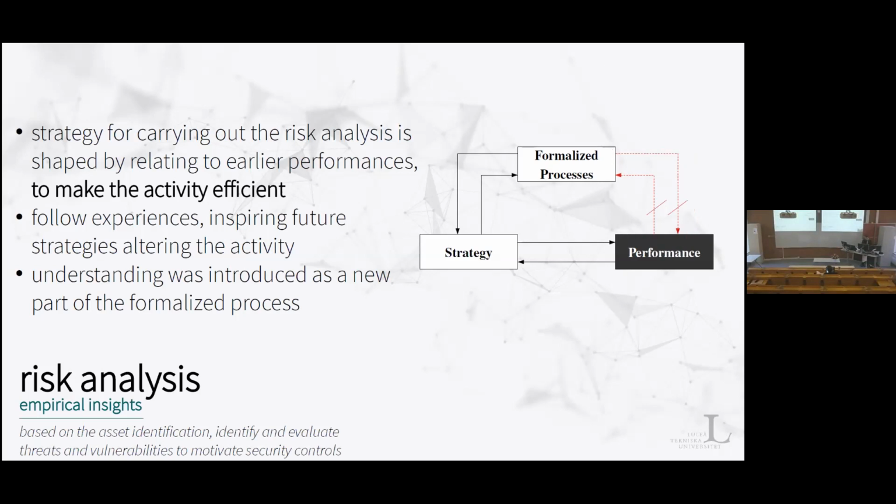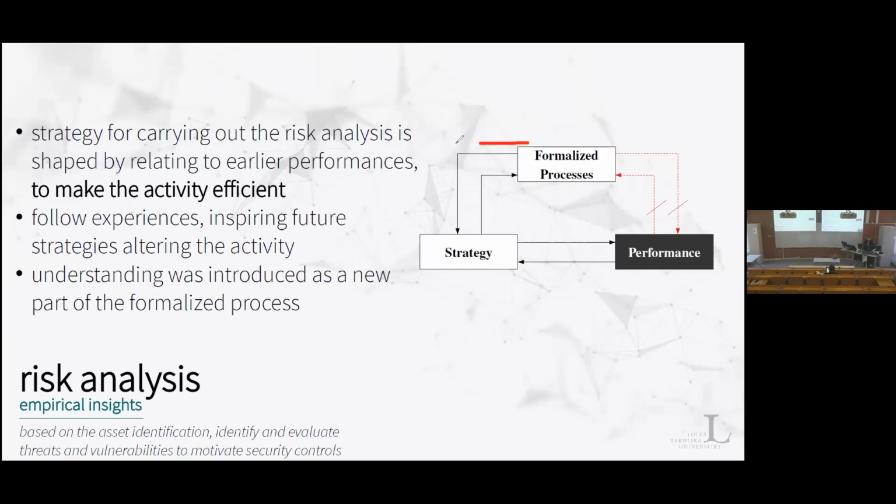So that means that these experienced shortcomings of performing a unique risk analysis over and over again led them not to follow the instructions, but instead inspired them to come up with this new way of doing it, this new approach. So figuring out a new strategy for how they could do this activity. And in that sense, it gave rise to a dynamic routine.